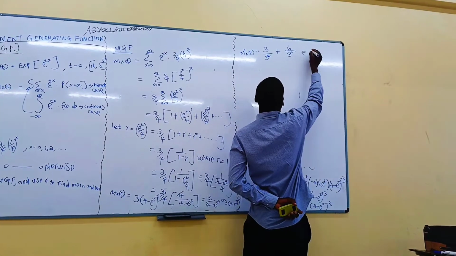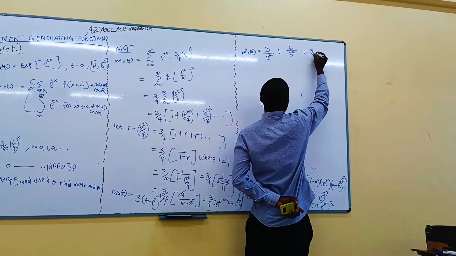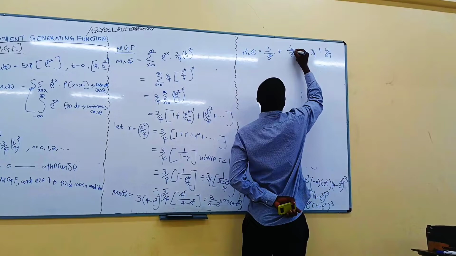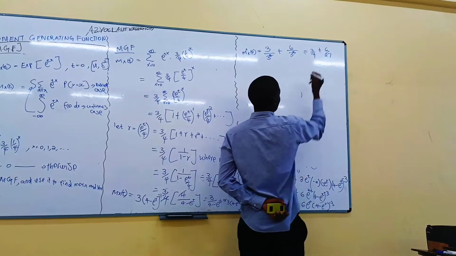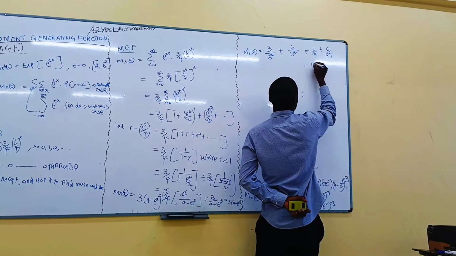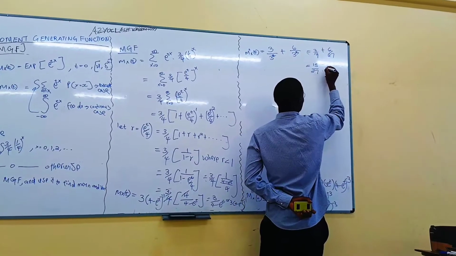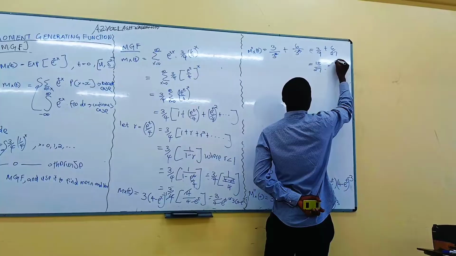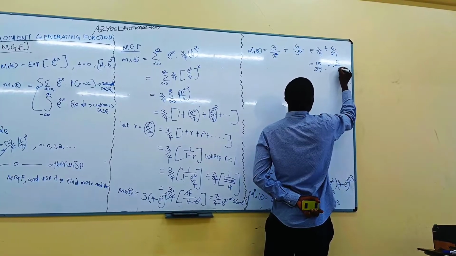So which is the same as 3 over 9 plus 6 over 27, which is the same as 15 over 27. Or we can say 5 over 9.